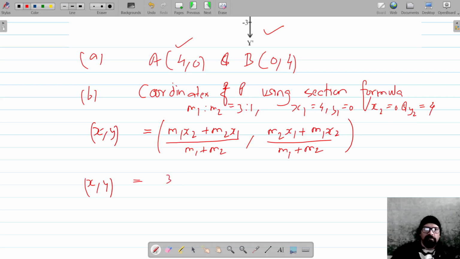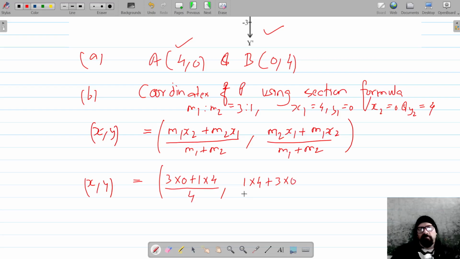So m1 is 3 into x2, which is 0, plus m2 which is 1, x1 which is 4, upon m1 plus m2, 3 plus 1 is 4. And m2 is 1 into x1 which is 4, plus m1 which is 3, and x2 is 0, upon m1 plus m2, which is 4.